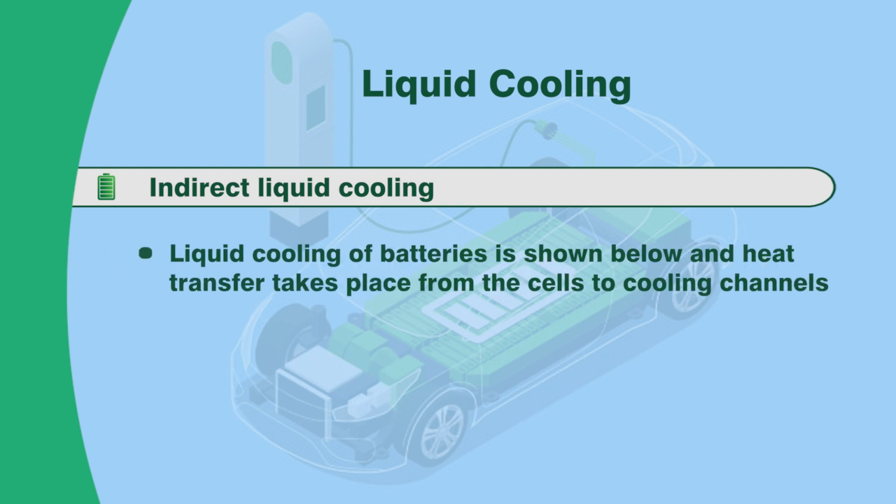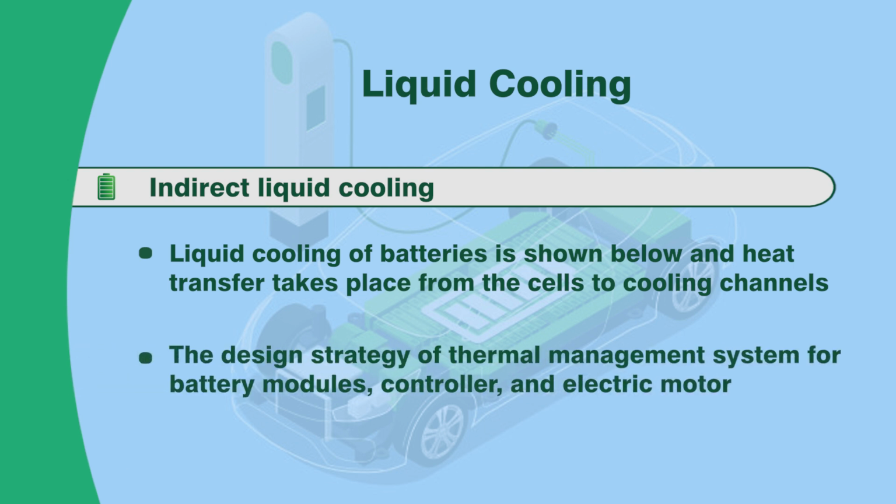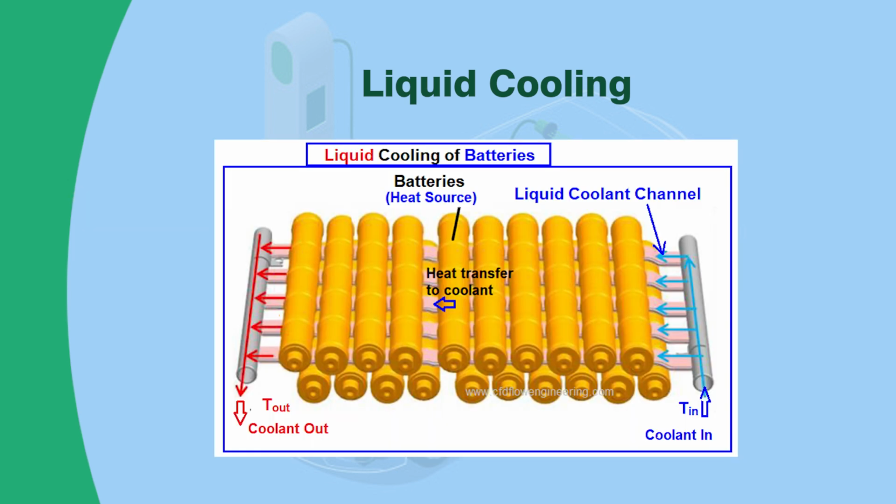Liquid cooling of batteries is shown below, and heat transfer takes place from the cells to the cooling channels. The design strategy of the thermal management system for battery modules, controller and electric motor is different in different kinds of vehicles. Here we can see liquid cooling of batteries, which is indirect cooling.